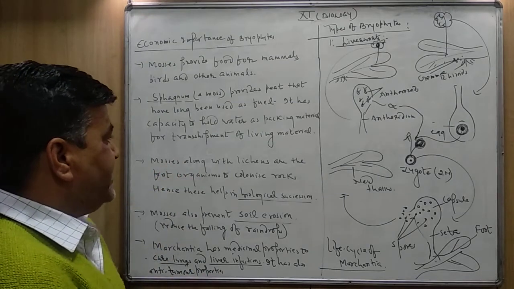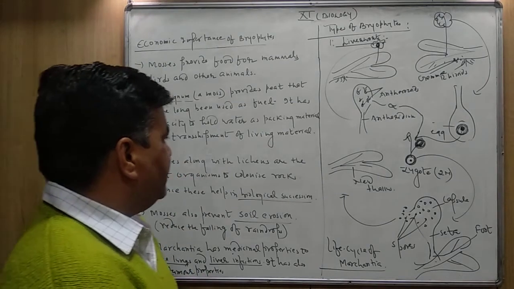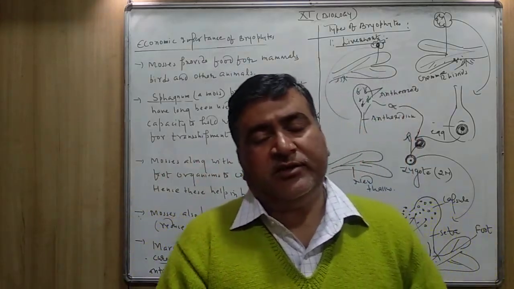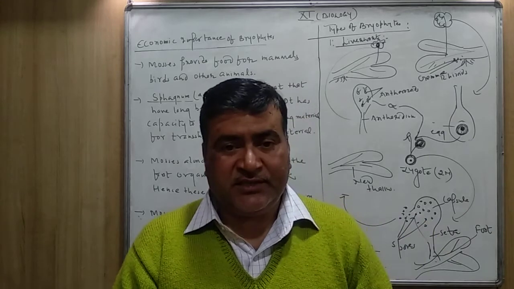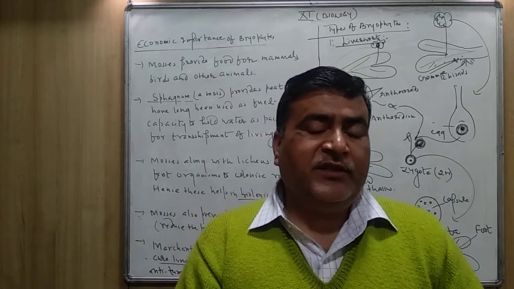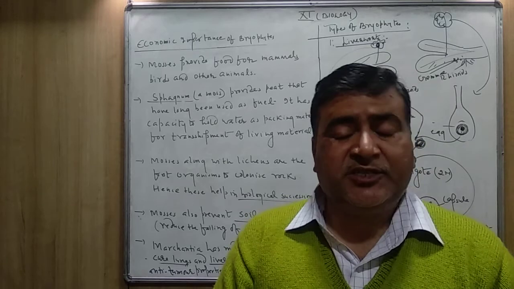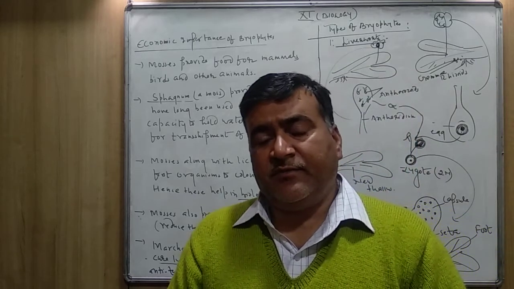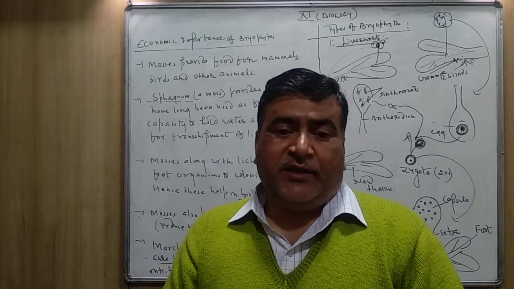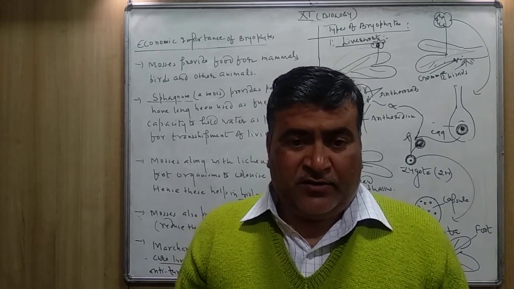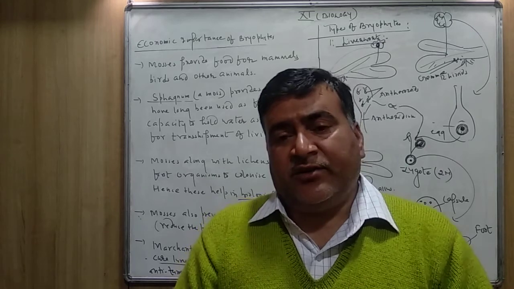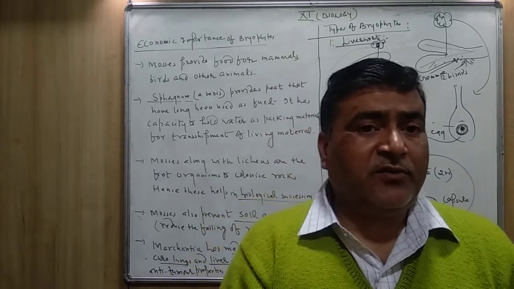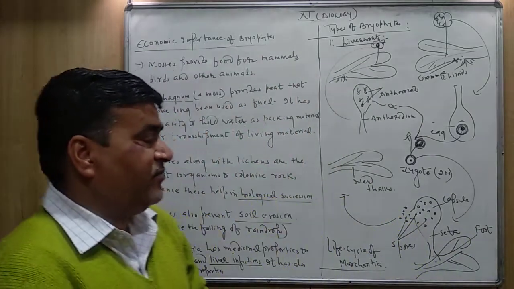Mosses along with lichens are the first organisms to colonize rocks. I will teach you about succession in class 12th. When succession starts in a bare area, especially on rock where there were no plants at all before, the first colonizers are lichens and mosses.